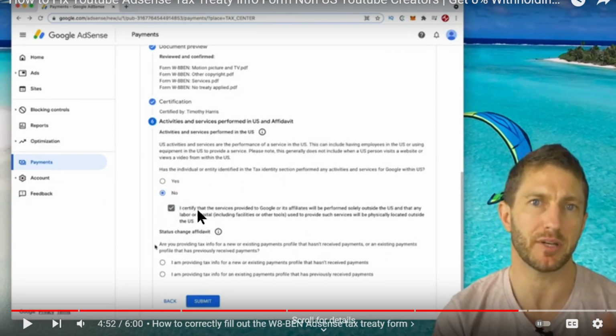As the individual, okay, he chose no in that one. It's okay, it's been approved. Let me see. I certify that the service provided blah blah blah, as the individual entity, as the individual identified and performed any. Yeah, I say no. I didn't do anything outside the U.S. Yeah, remember that also.